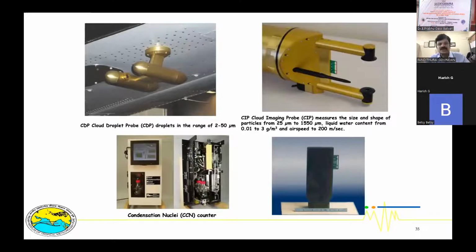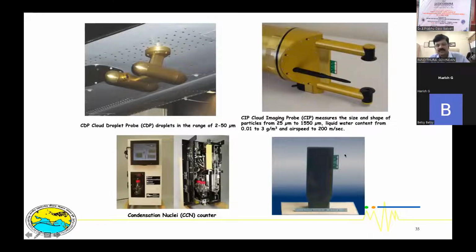They also use optical techniques, such as the cloud droplet probe, because we were measuring both aerosols and cloud microphysical properties. These are some of the probes used for cloud measurements, ranging up to 50 micrometer droplets, and the other one can image cloud particles up to 1.5 millimeter size.